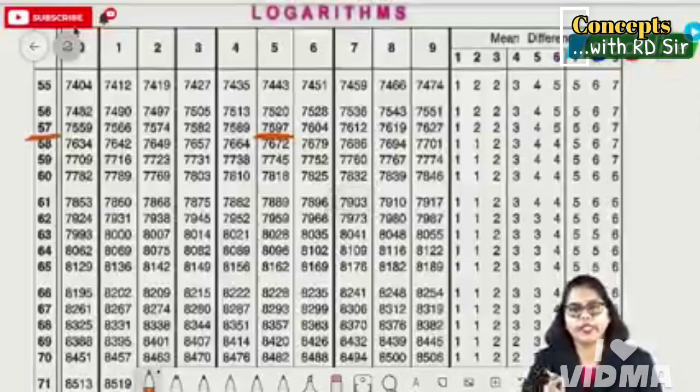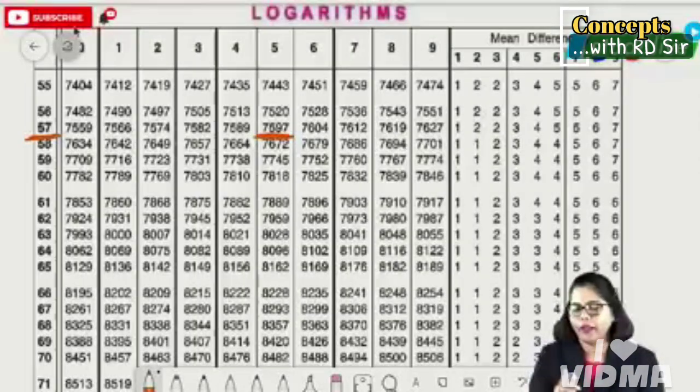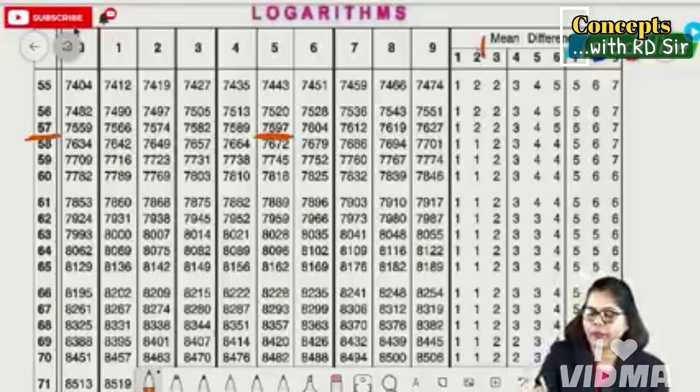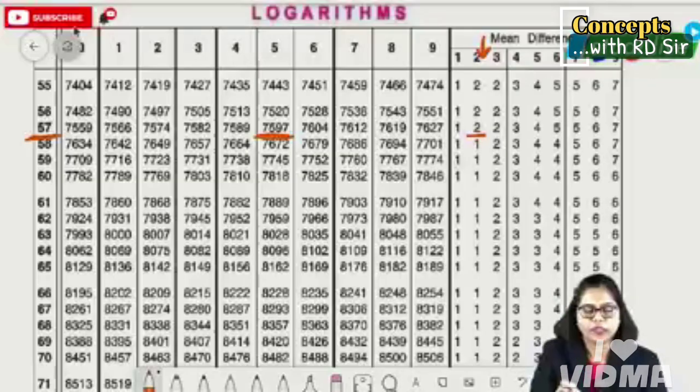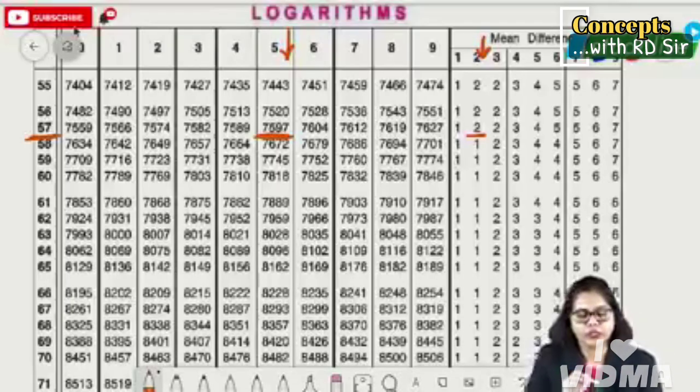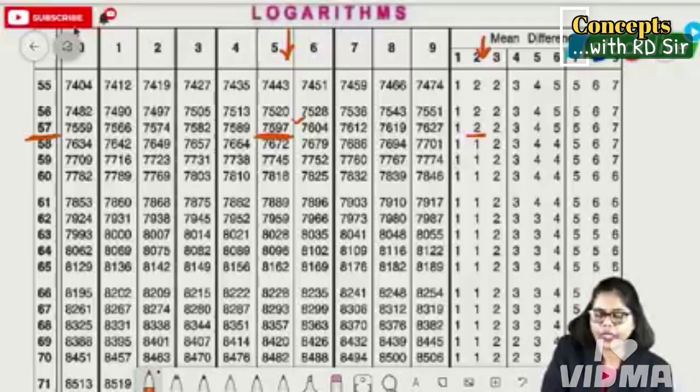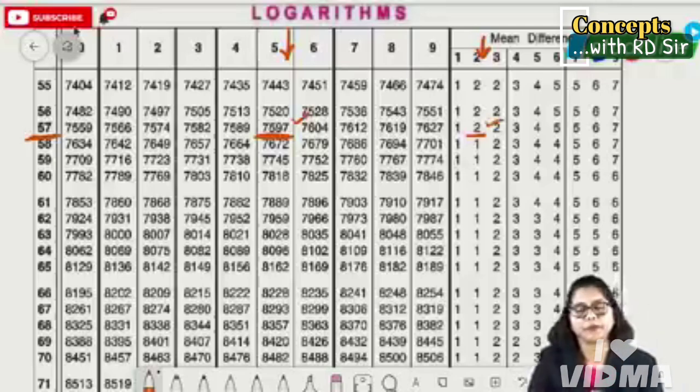2, I am going to take it from mean difference. Mean difference, this column, right? Same line, we are going to see that. So what is the number, students? 2, right? Now, 57, fifth column I have checked and second column I have checked. So 57, 5 and 2. Now, these inside values I am going to add.